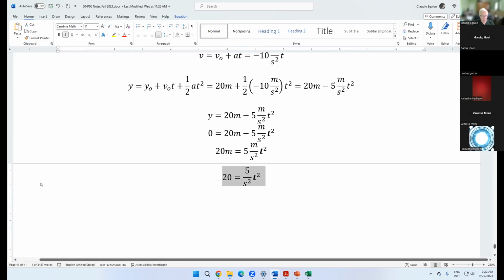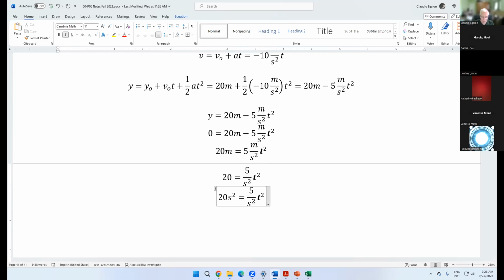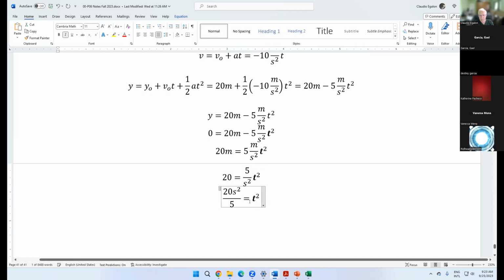Okay. It's a quadratic equation. 5 seconds squared goes upstairs on the other side, and then you divide by 5. This ratio becomes 4 seconds squared, right? 20 divided by 5 is 4.